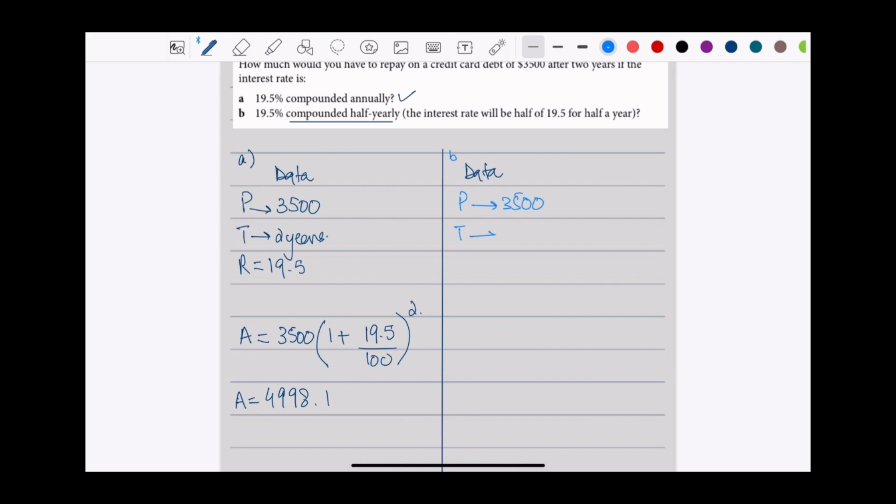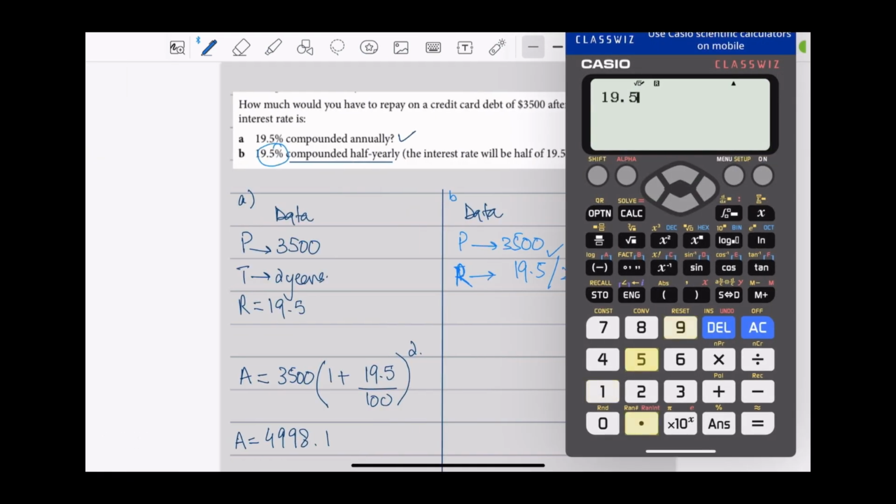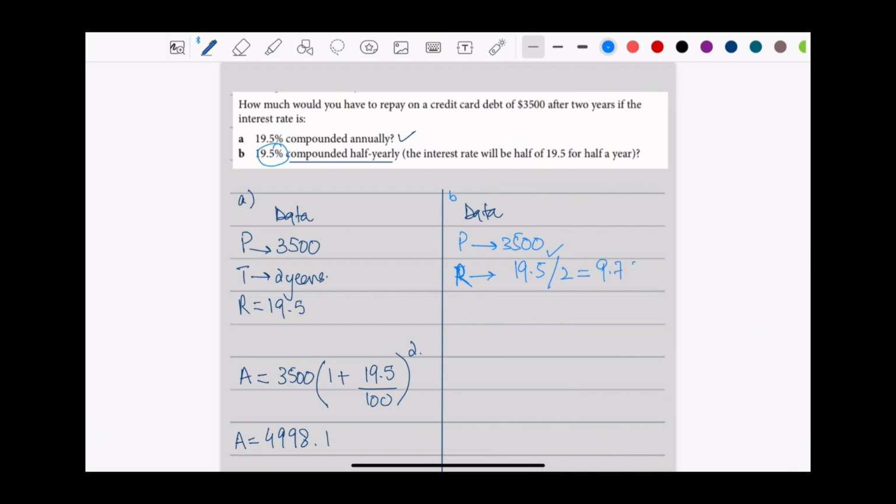The rate: this is compounded half yearly, so the annual rate is 19.5, and if I divide it by 2, it gives you the interest per period, which is going to be 9.75. This will be applied every half a year.